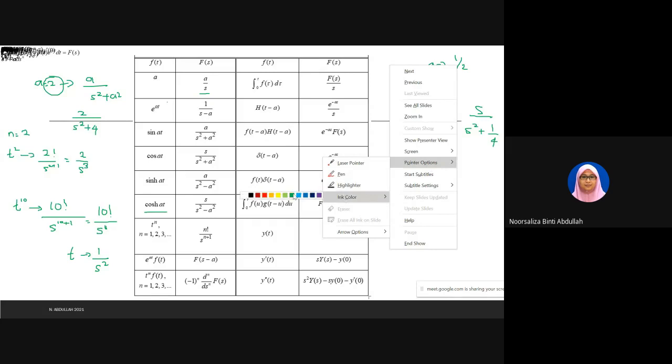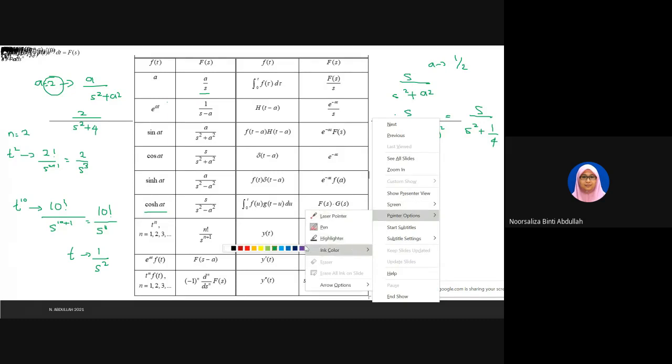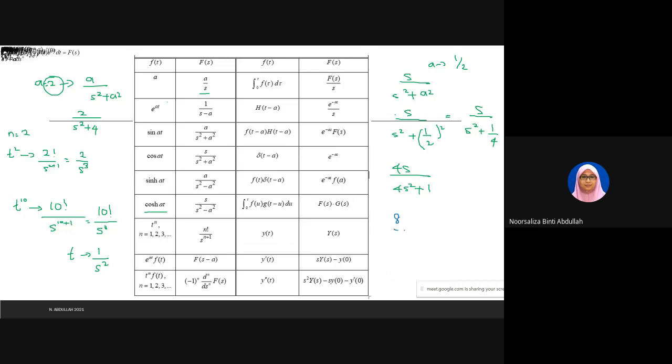Okay, so how you want to use this table is, okay, the first example is you want to find the inverse of A over S. Okay, so you look at the S domain, okay, don't look at T, look at S domain punya column, okay, A over S. Then if you look at here, is this one, okay, so you have A over S. Okay, if you have A over S, then what will be your f(t)? If A over S, your f(t) is A.